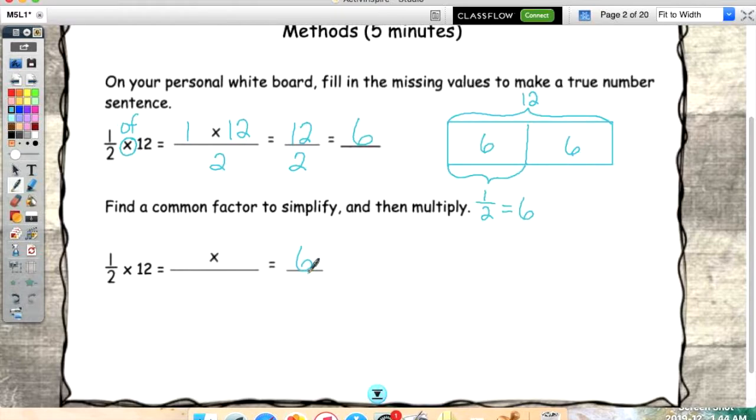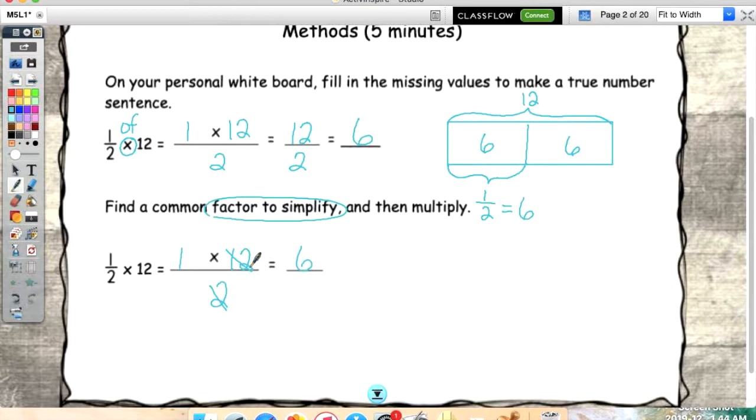So we do that for a few lessons, okay? And then they make it even more complicated. They want us to simplify it to start with. This is fun. So I'm going to do 1 times 12 divided by 2. Write that again. You with me? Okay. I'm going to simplify this to start with. What can I divide both of these by? 2.